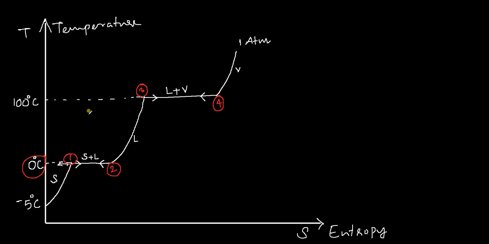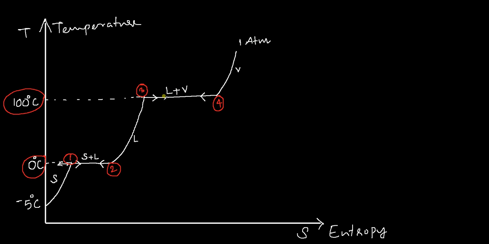However, the temperature of this process will remain at 100 degrees C. There will be no increase of temperature until the whole of liquid is converted to vapor, or saturated vapor at point 4 here. Now, the liquid saturation is that point from where, as soon as you start to add heat to the saturated liquid, it will start formation of vapor.